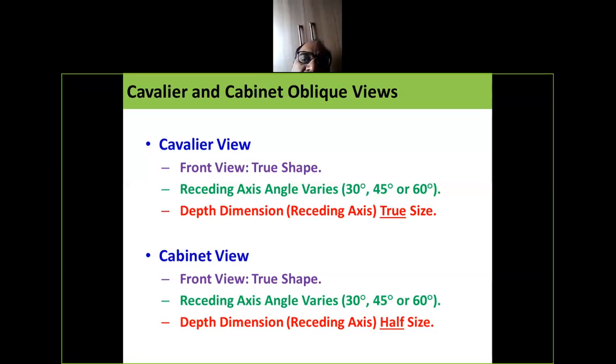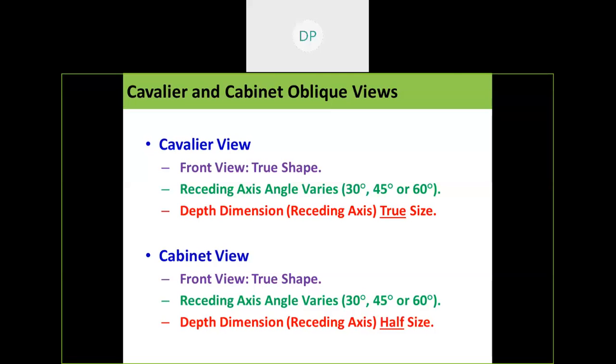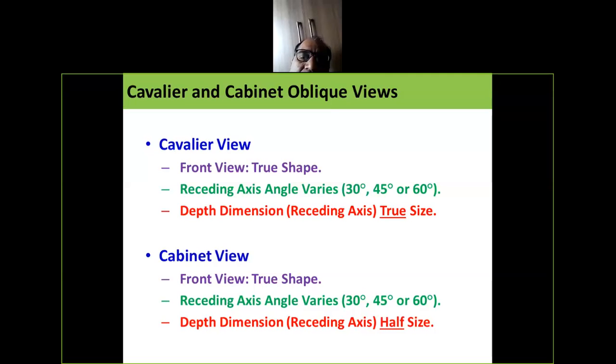And in cabinet view, the front shape is the true shape, and the receding angle may be 30 degrees, but the depth dimension, that is the receding axis, is halved. So this is the difference between cavalier and cabinet: the depth dimension, that is the receding axis, will be half size.